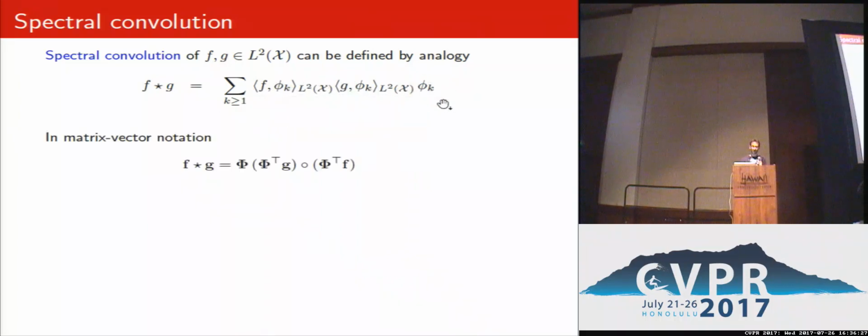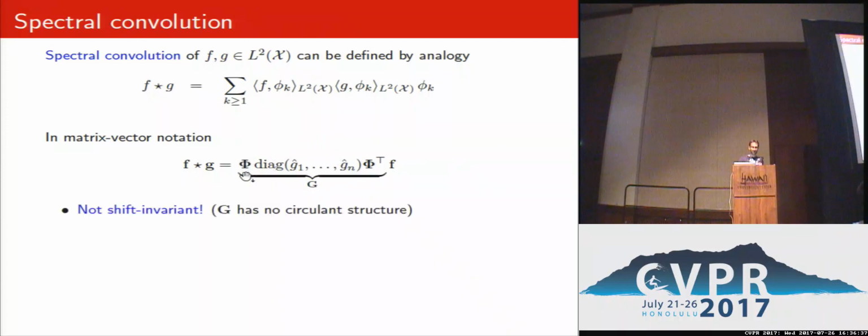Okay? Or in matrix notation, we can write it like this. Basically, Fourier transform of f, multiplication by the diagonal matrix of spectral coefficients, inverse Fourier transform. Okay? And this matrix G is no more circulant. Basically, the result is not shift invariant. What is worse, the filter coefficients depend on the basis.